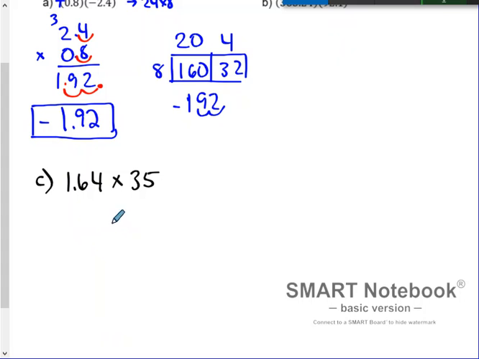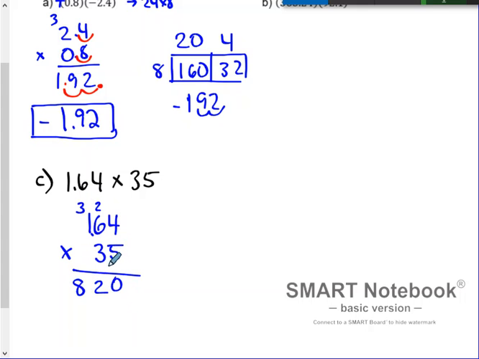Same thing, we just get to kind of ignore our decimals. So 164 times 35, just ignoring that decimal for the moment. So 5 times 4 is 20, 5 times 6 is 30, plus 2 is 32, and 5 times 1 is 5, 6, 7, 8.